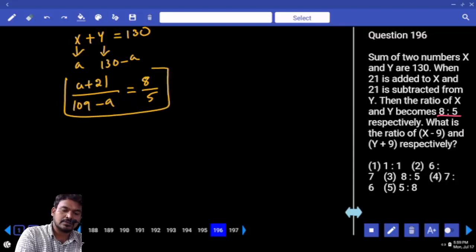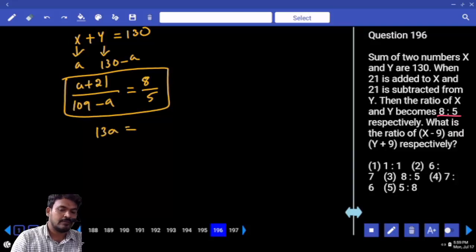Just cross multiplication. One side will be 5a, the other 8a. Total it is 13a. 5 into 21 is 105. 8 into 109 is 872.